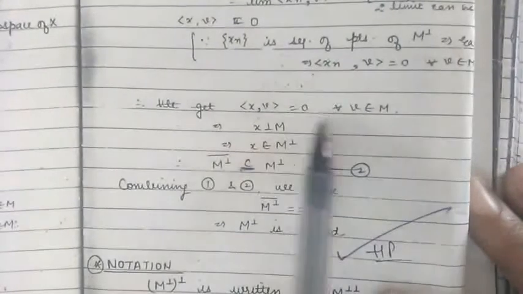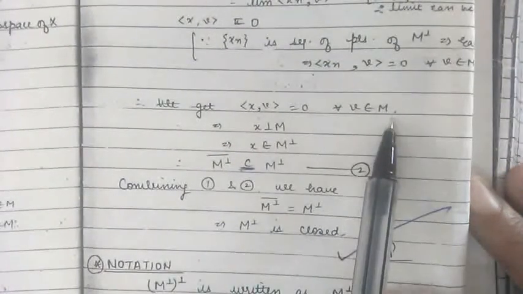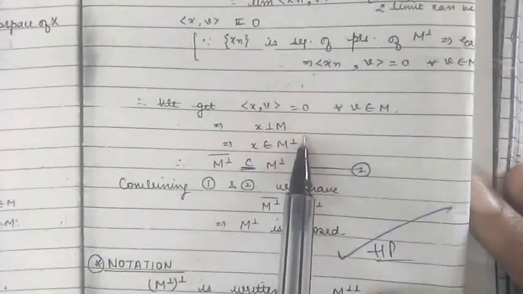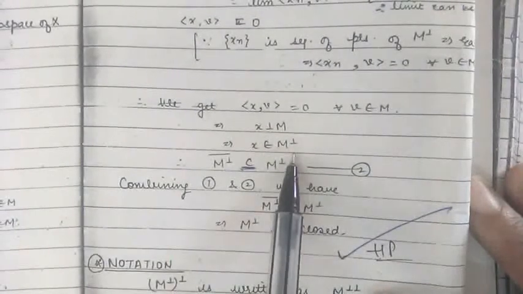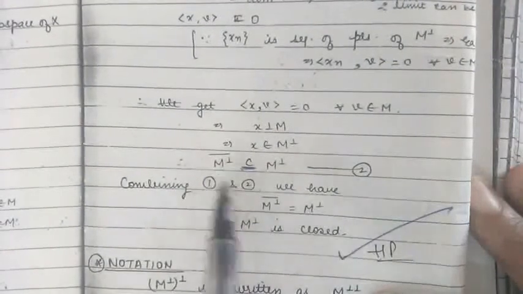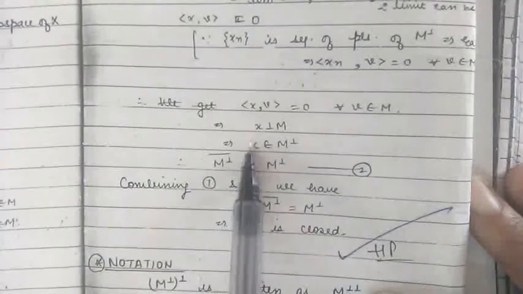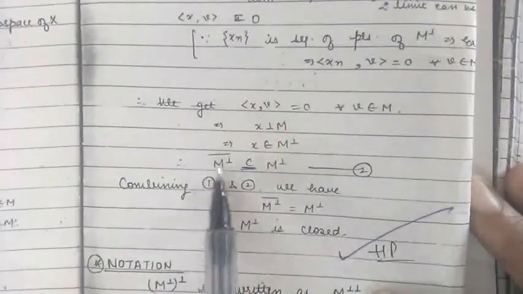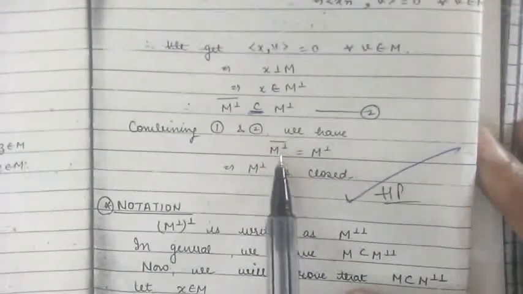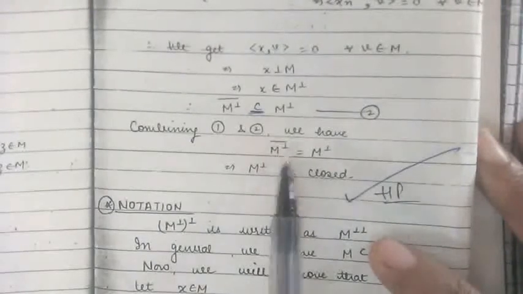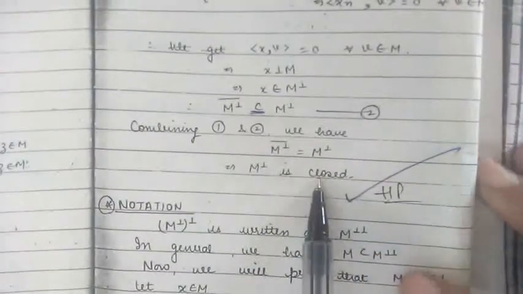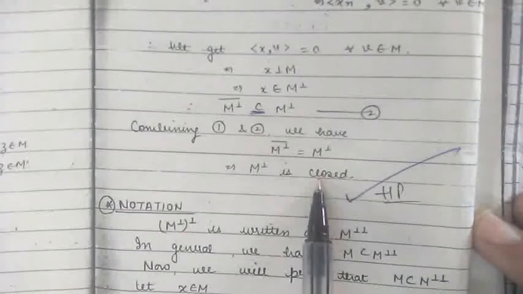And this is true for every element of M. So we can say that X is orthogonal to M. By definition, if X is orthogonal to M, it means X belongs to the annihilator of M. So we had taken an element from the closure of the annihilator, and we have proved that it belongs to the annihilator of M. So we have proved the condition from both sides. Combining equations 1 and 2, we have obtained that the closure of the annihilator of M is the same as the annihilator. So the set is closed. So this is the property that the annihilator is closed.